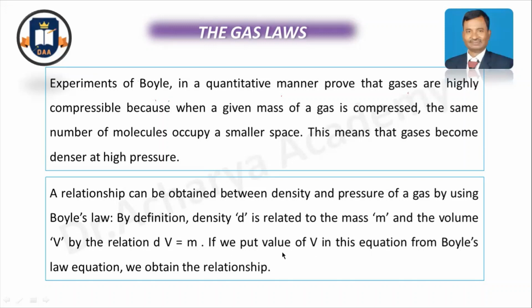Here, if we put the value of V from the Boyle's law equation, we obtain the relationship, because we know the mass m and V we can also put from Boyle's law, then automatically the value of d we can calculate.